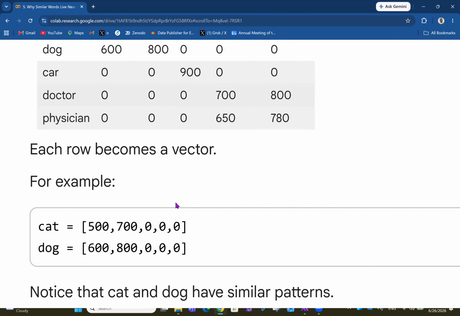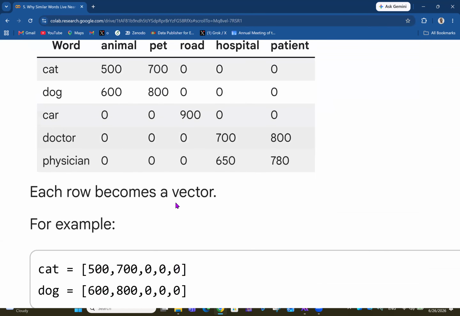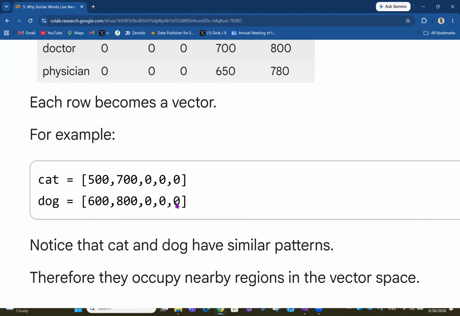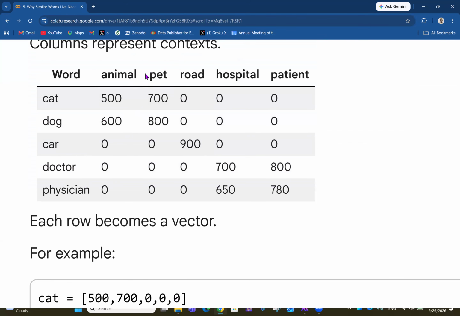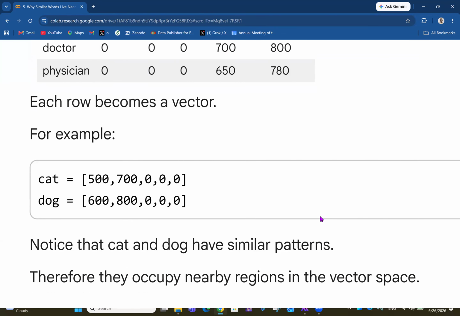For example, cat is 500, 700, 0, 0, 0 and dog is 600, 800, 0, 0, 0. Notice that cat and dog have similar patterns, in that they score points in the same contexts of being animal and pet, while doctor and physician score points in the same contexts of being in hospitals and attending to patients. Therefore, they occupy nearby regions in the vector space.